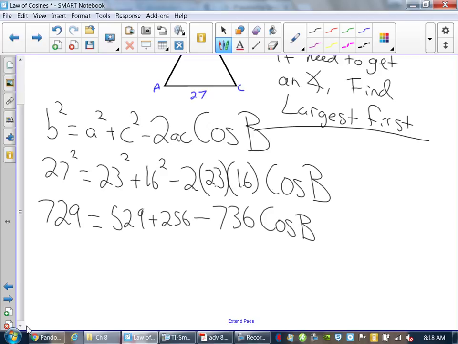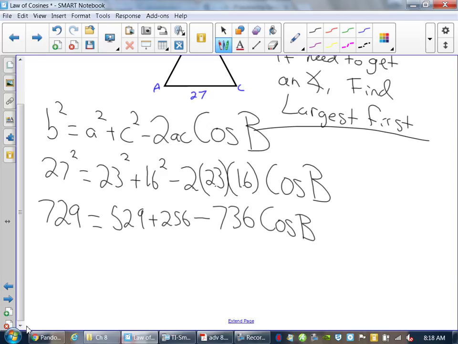Okay. That looks pretty crazy right now. But what I want you to think of, it's nothing more than this. It's the same thing with bigger numbers. What do you do here first on this side?